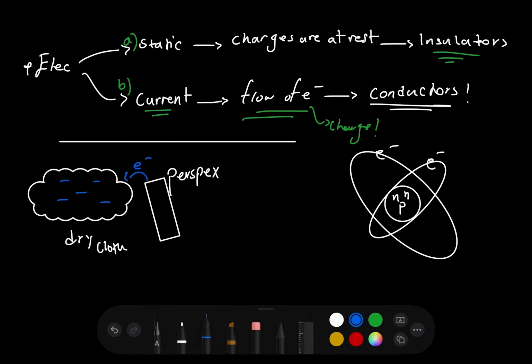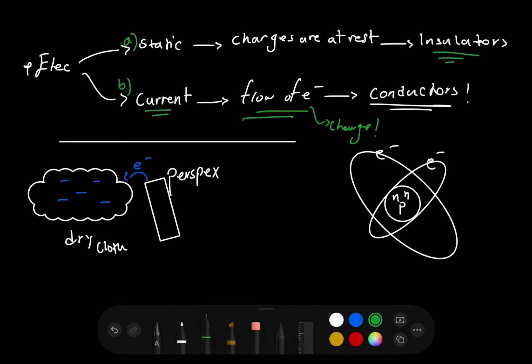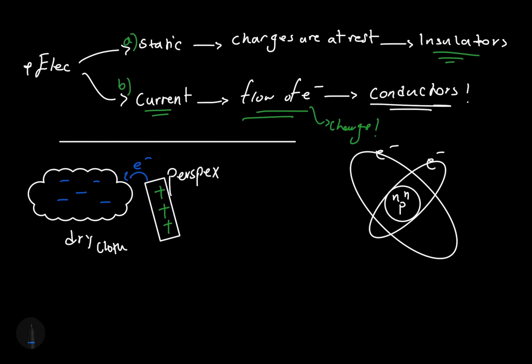It turns out that anything that loses electrons becomes positively charged, so the perspex becomes positive, and anything that gains electrons or negative charges becomes negatively charged. And that kind of makes sense. Anything that has more negative charges is negatively charged, whereas anything that has more positive charges, like the perspex in this scenario, becomes positively charged.